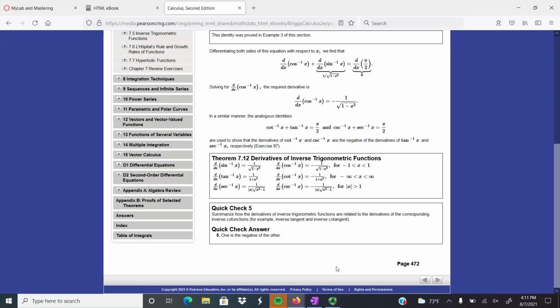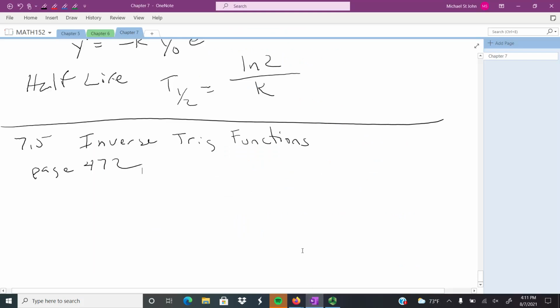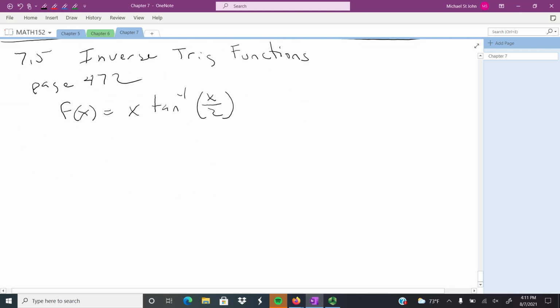All right. So let's look in terms of using those with a problem. So let's go back here. And so now let's say we're given that f of x equals x tan inverse of x over 2. Okay. So if I look at this, this is going to be my product. So let's break it out into the pieces. So this is x. This is tan inverse x over 2.